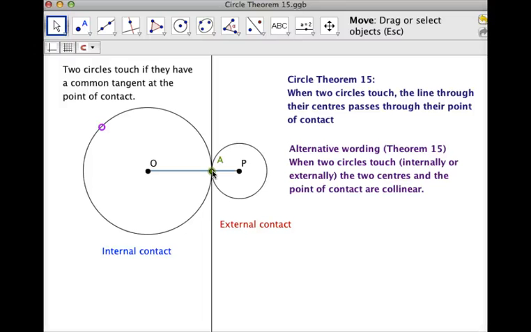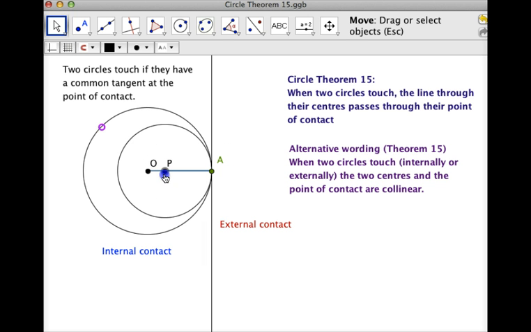Now, the alternative wording is when two circles touch internally or externally, just write it down first, the two centres and the point of contact are collinear. In other words, they lie in a straight line. Now, I'm going to show you internal and external contact. I'm going to move P, watch. Watching?